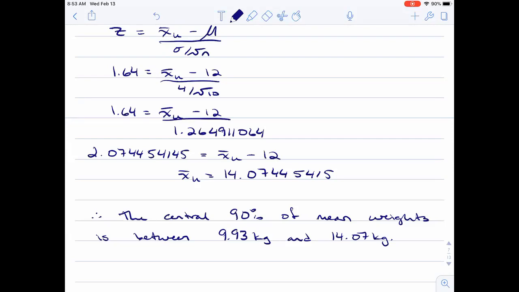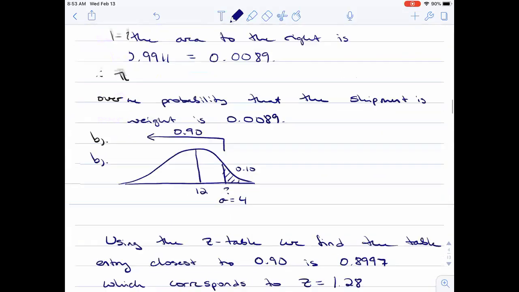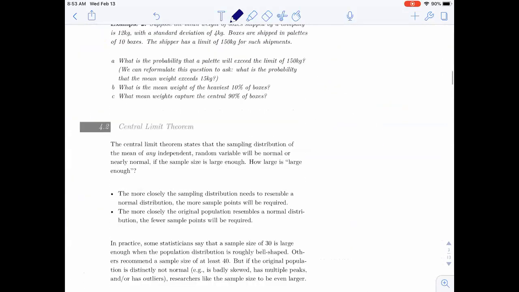Okay? So that's kind of a cool concept. If you're talking about a mean, an average, it actually doesn't matter where you sampled from, whether it's skewed or whether it follows a normal distribution, because by the central limit theorem, the distribution of any mean will follow a normal distribution. So that's kind of a cool, weird concept. And that's what we're introducing here.